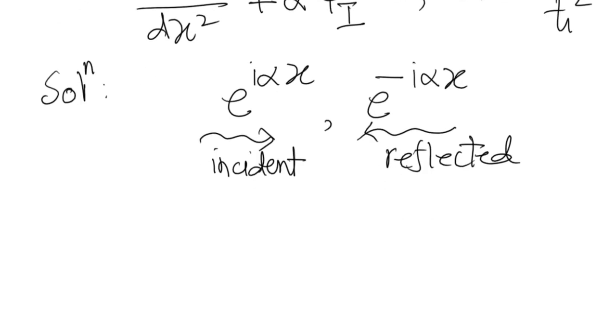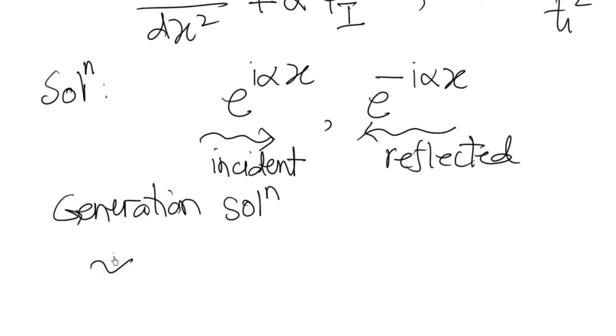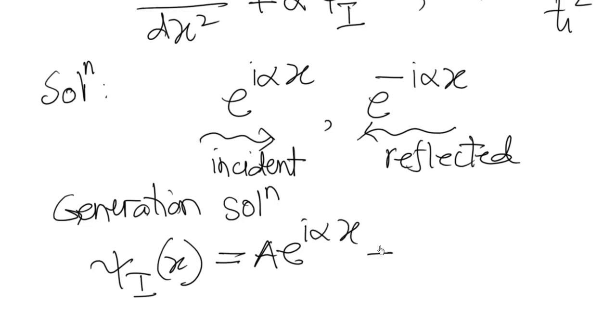So the total solution or general solution in region 1 is psi 1 of x equal to A e to the power i alpha x plus B e to the power minus i alpha x.